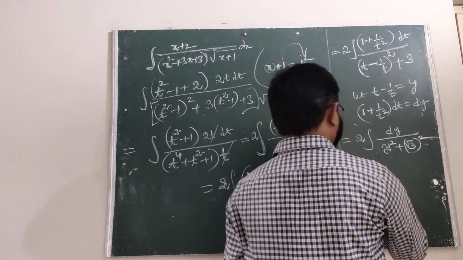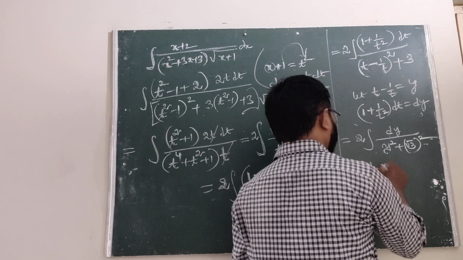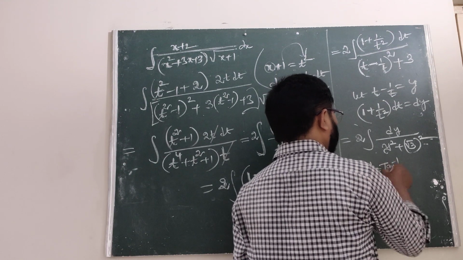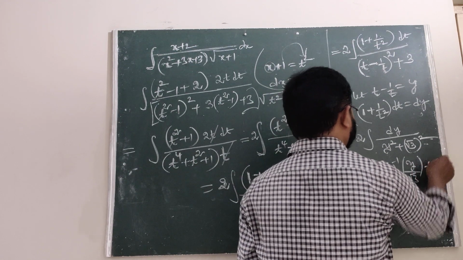Here 1 by a is 1 by root 3, tan inverse of y by root 3 plus c.